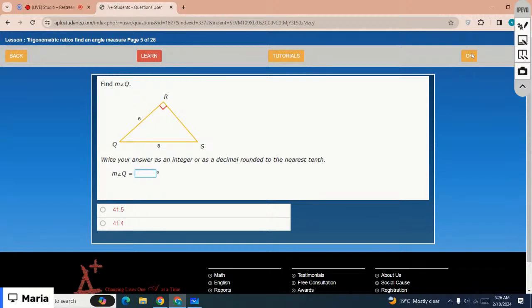Measurement of angle Q. Which is the correct option?